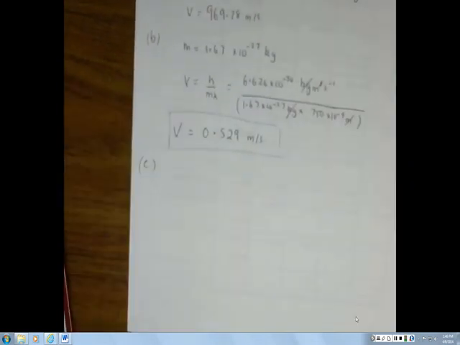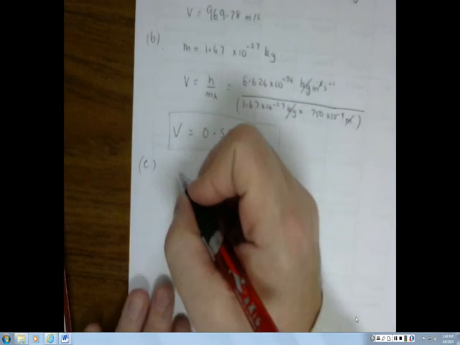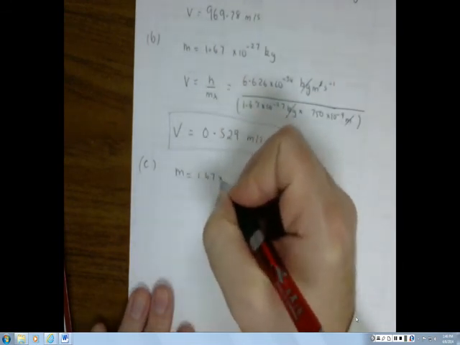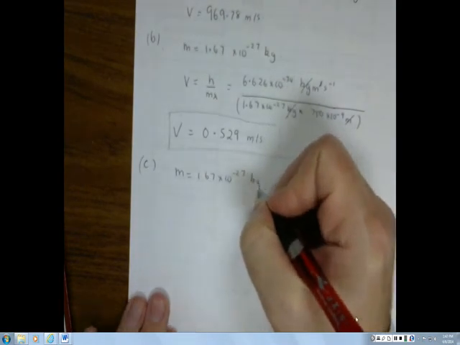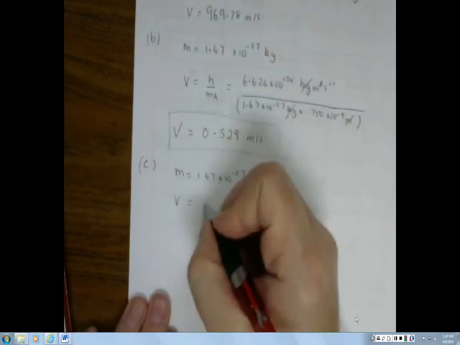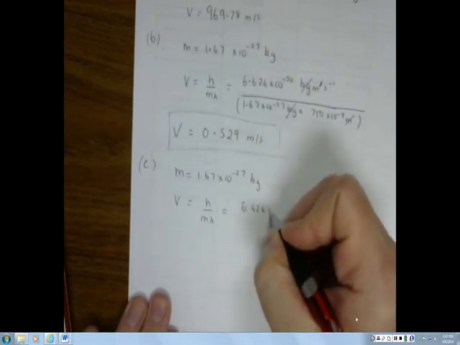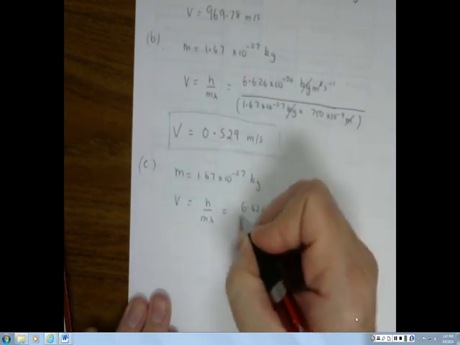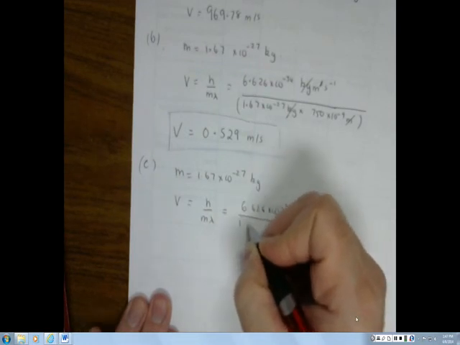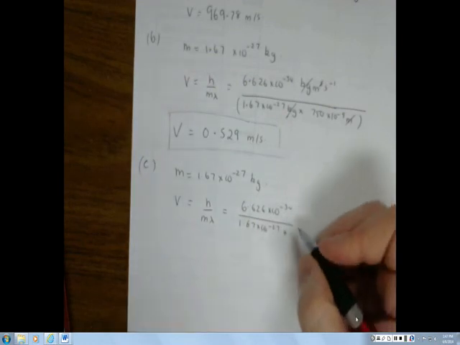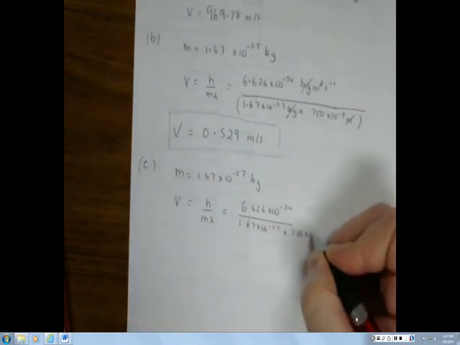Alright. C, a neutron has mass similar to a proton, 1.67 by 10 to the minus 24 grams. So mass is 1.67 by 10 to the minus 27 kilograms. Velocity is given by h on m lambda, 6.626 times 10 to the minus 34 divided by 1.67 times 10 to the minus 27 times 750 by 10 to the minus 9.